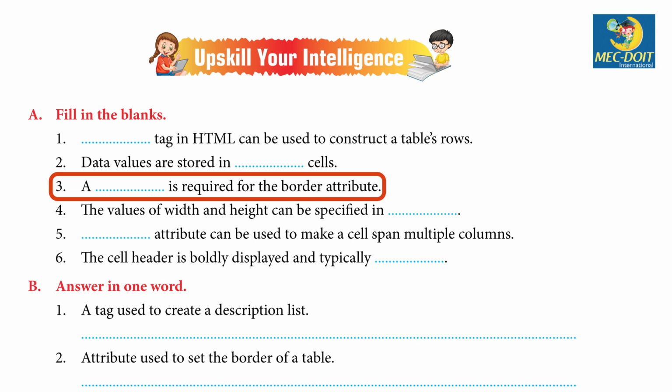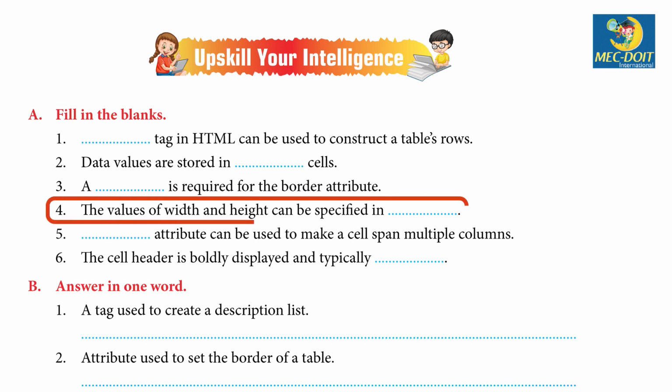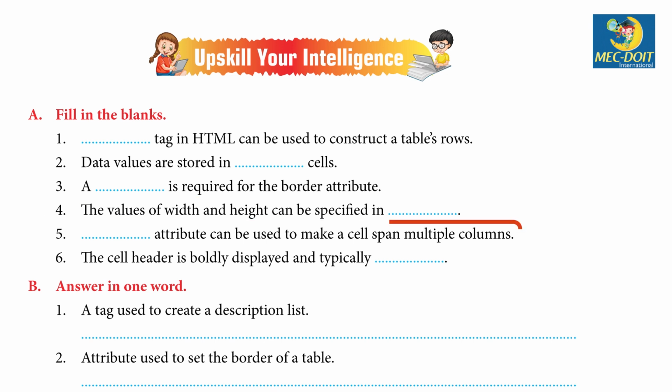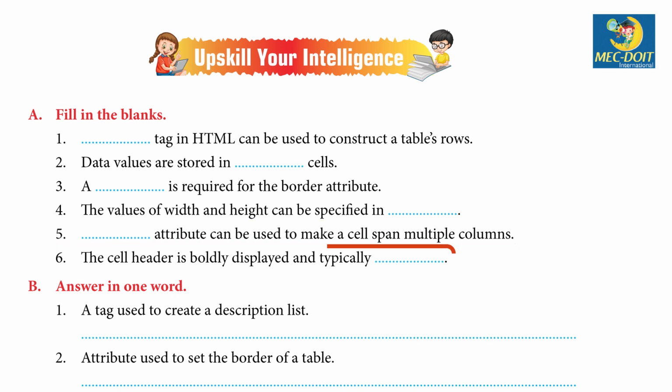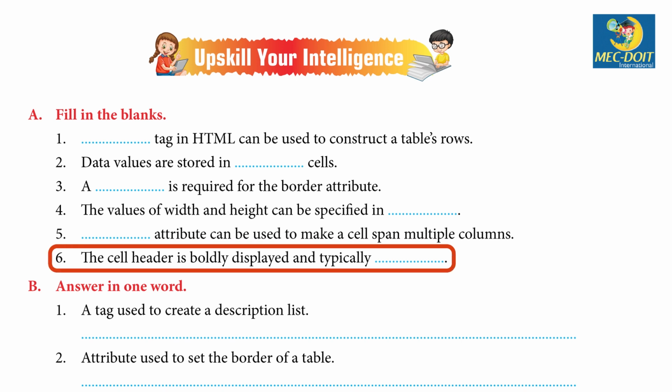Answer: number. 4. The values of width and height can be specified in dash. Answer: pixel. 5. Dash attribute can be used to make a cell span multiple columns. Answer: colspan. 6. The cell header is boldly displayed and typically dash. Answer: centered.